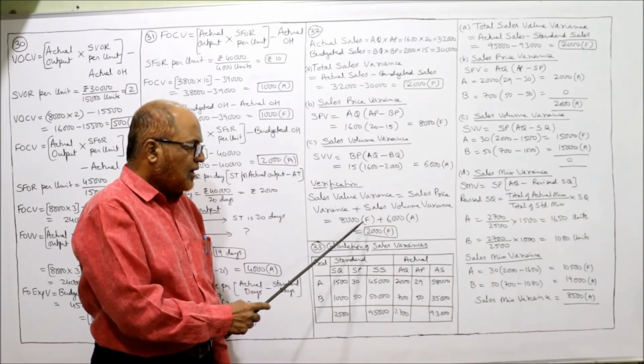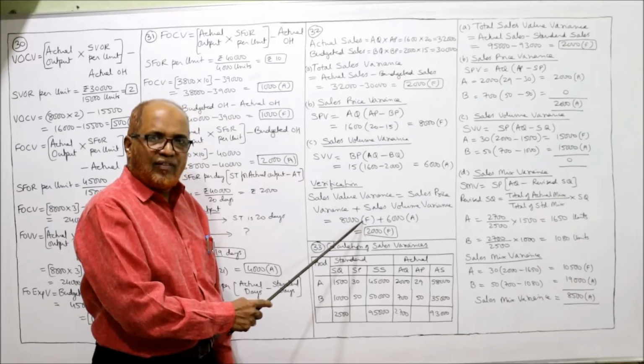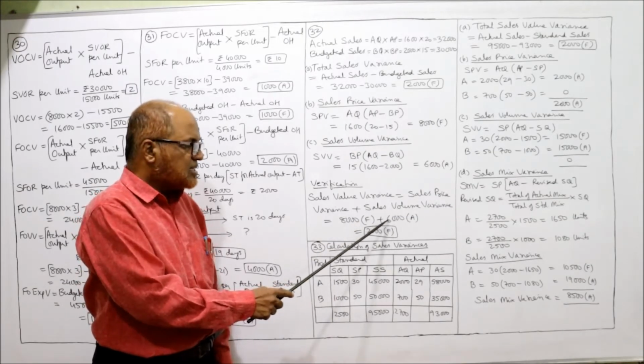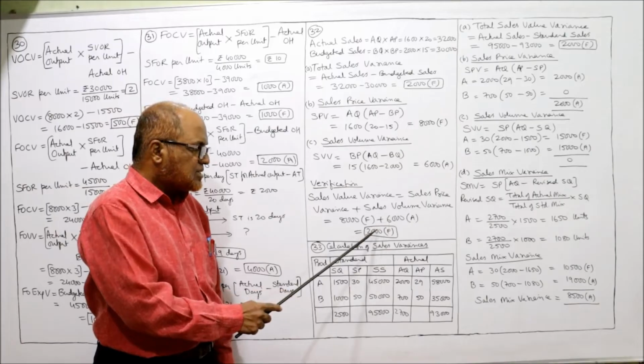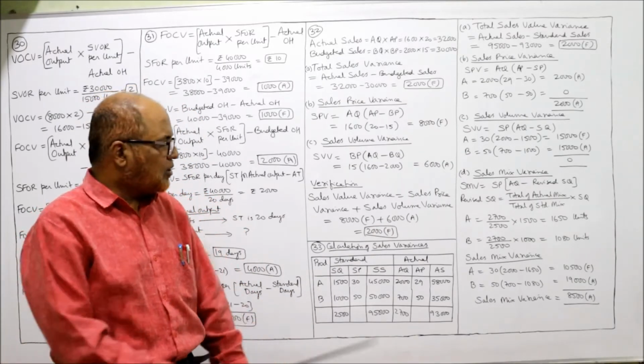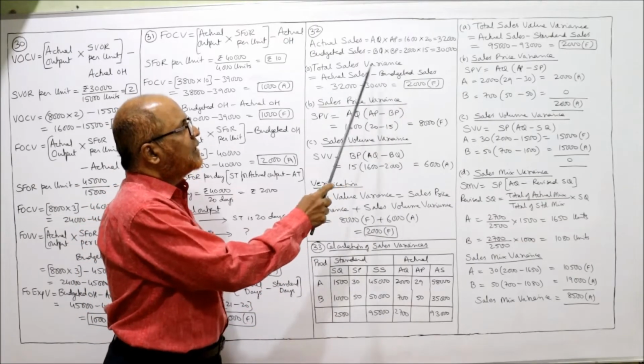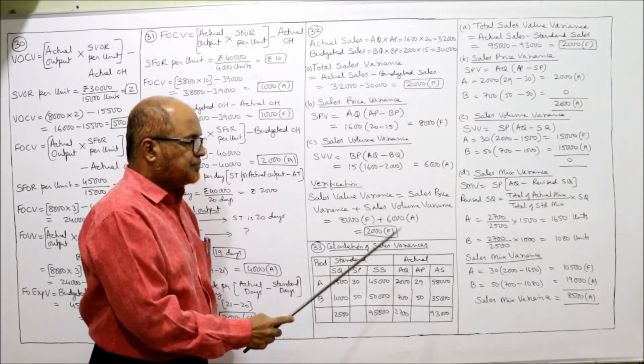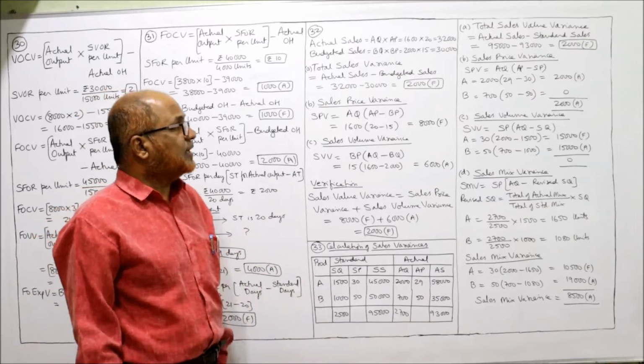Favorable is more, so 8,000 minus 6,000, 2,000 favorable. We got total sales variance 2,000 favorable. That's it. So this is the end of 32.